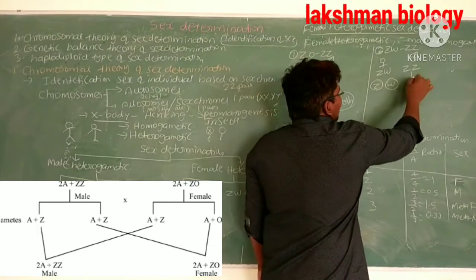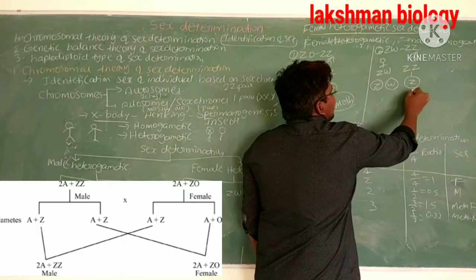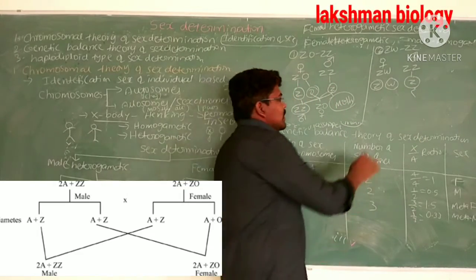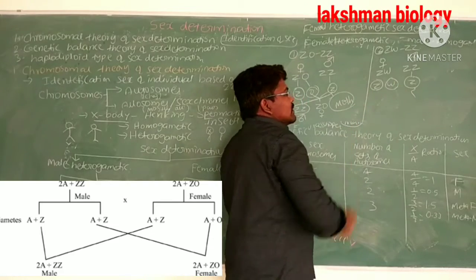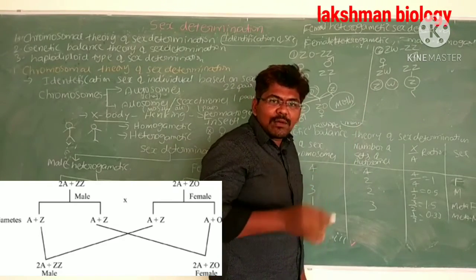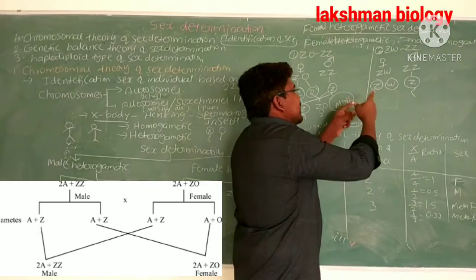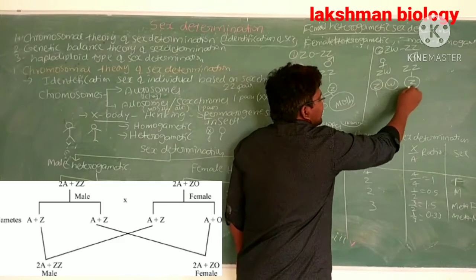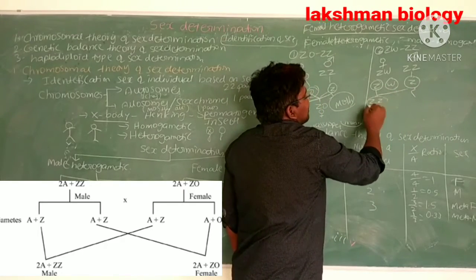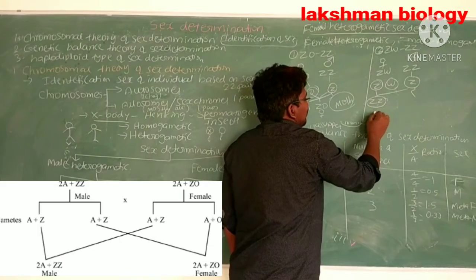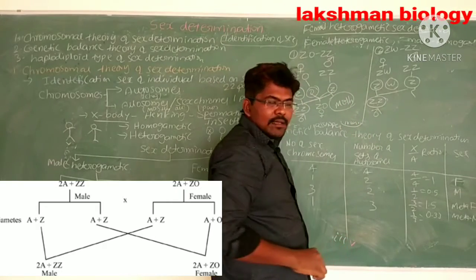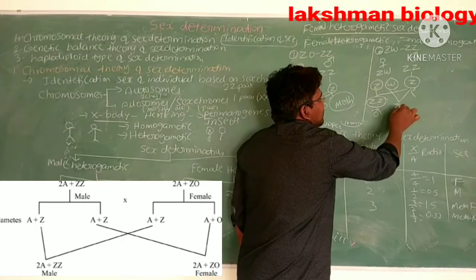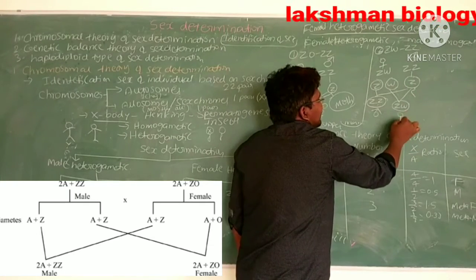The male produces similar sperms with Z chromosome. Here also the sex of offspring is determined by the type of ovum mixed with the sperm. If the ovum which contains Z chromosome mixes with the sperm, it leads to formation of a male. If the ovum which contains W chromosome mixes with the sperm, it leads to formation of a female.